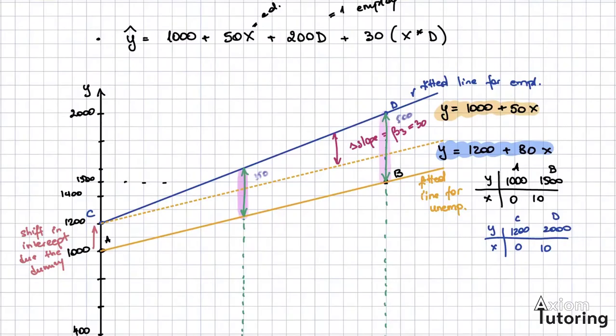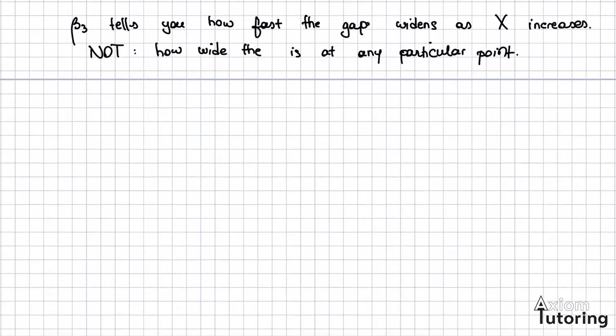However, that is not the case, because now we know that there is also this change in the slope. So that means that I can decompose the gap visually into beta 2, being equal to 200.